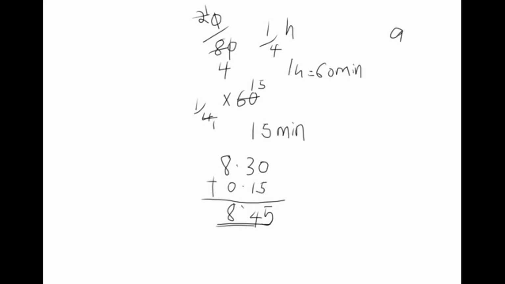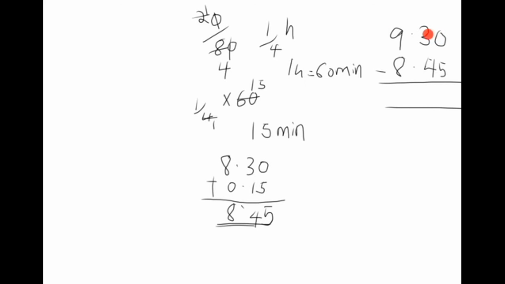Therefore, we have 9:30 minus 8:45. Here, we cannot subtract 45 from 30. Borrow 1 hour from here. Here it will be 60.